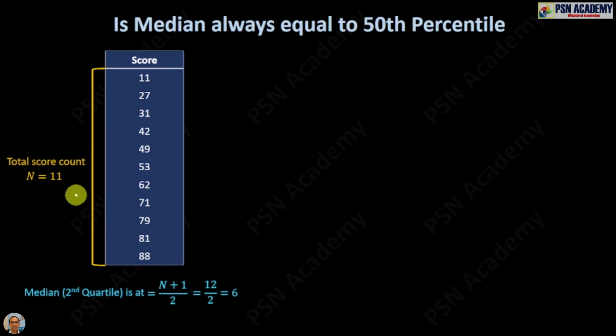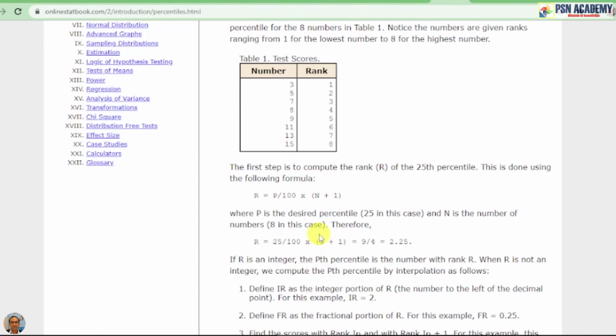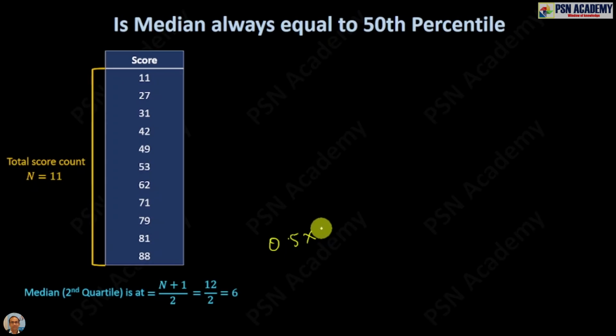And if you follow Professor Lane's formula mentioned on his website, then what we see is 0.5 times n plus 1, that means 11 plus 1, right? The same thing goes on here, you see, equal to 0.5 times 12, that means 6. So actually he is going for the median, right?